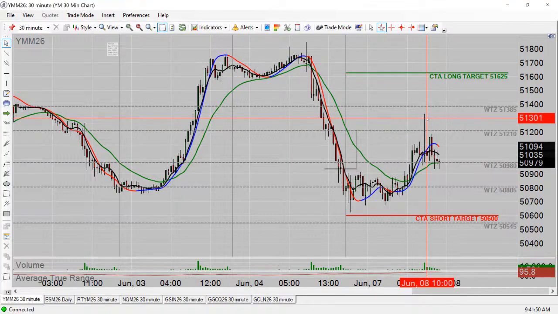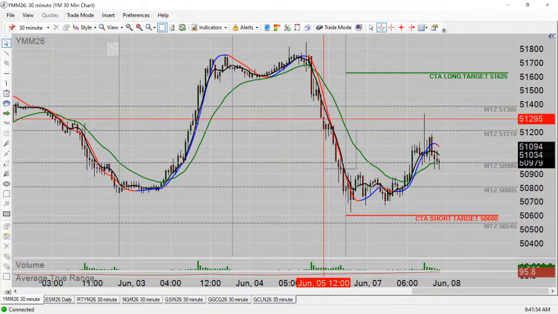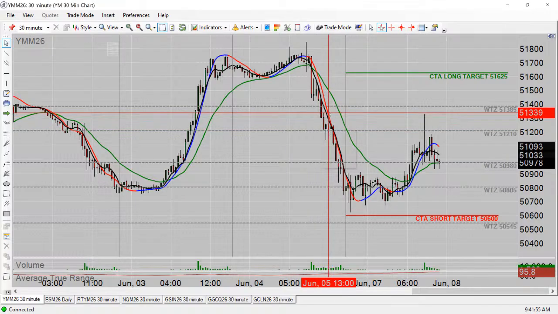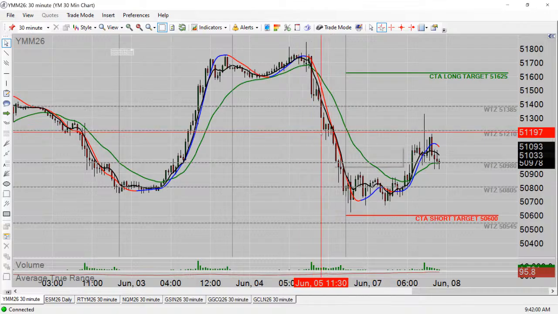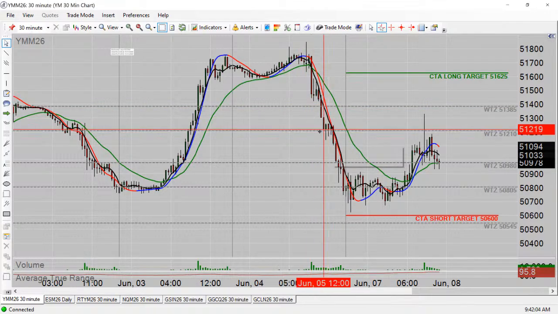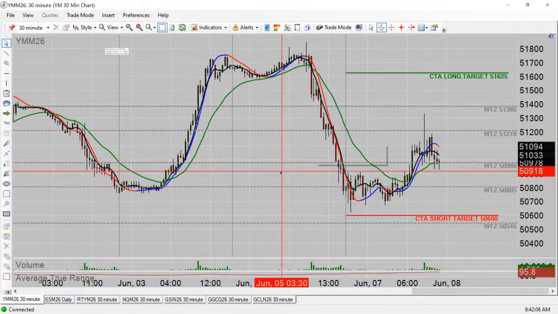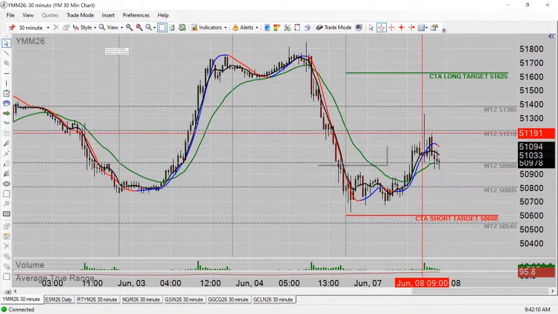Okay. See, on the way down Friday, this candle opened and it was green. And then it got slapped down right to the zone. Remember, when price drops to a zone, we expect support until proven otherwise. When price rallies up to a zone, we expect resistance until proven otherwise.